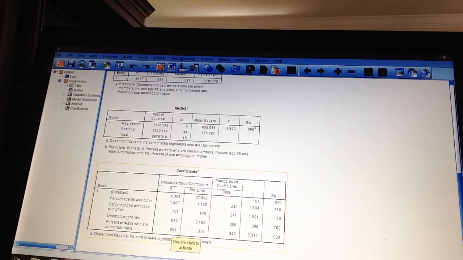Because here, a 1% increase in the unemployment rate leads to a 0.84 increase in the Democratic legislators variable. A 1% increase of the population of college or higher only has a 0.761. However, that doesn't matter because the unemployment rate is not statistically significant, okay?